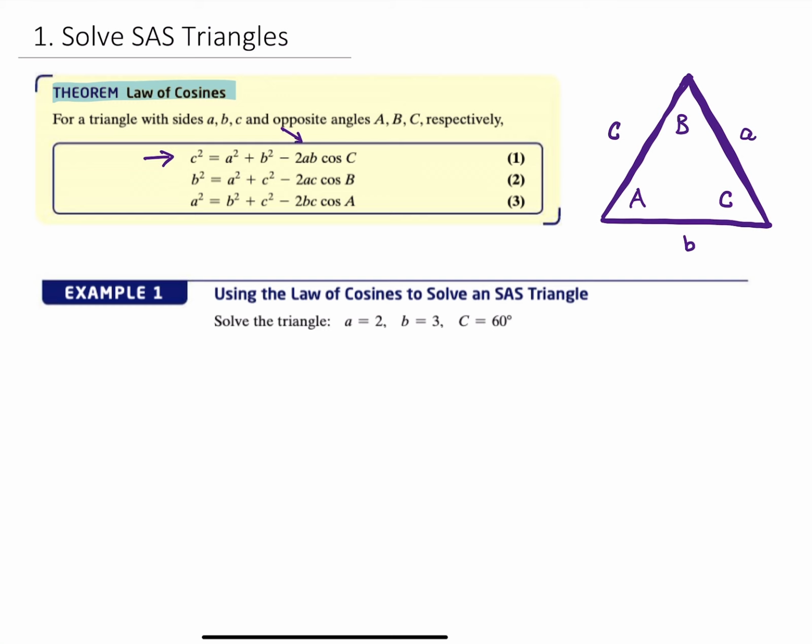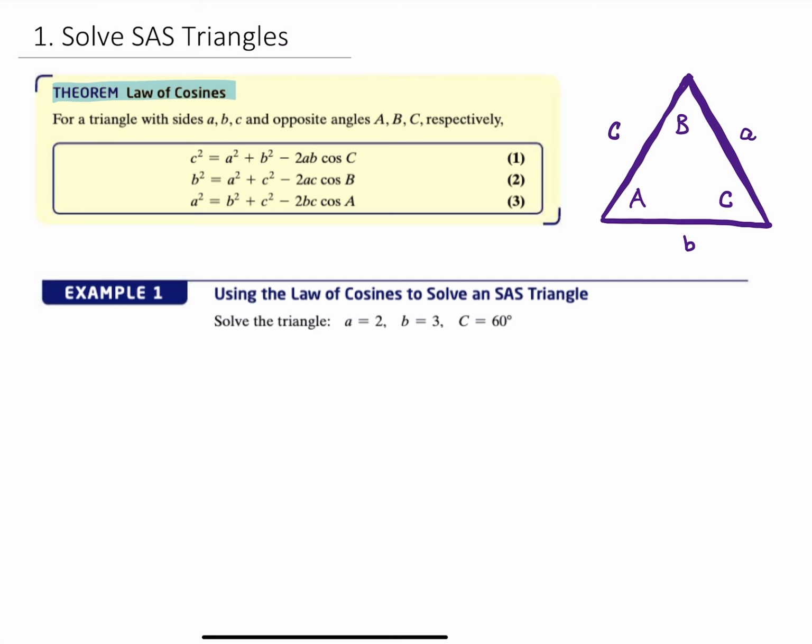Or it could be solved for b. B squared equals a squared plus c squared minus 2ac cosine b. Or a squared equals b squared plus c squared minus 2bc cosine a. So you'll use one of these depending on what information you have, which angles and side lengths are available.